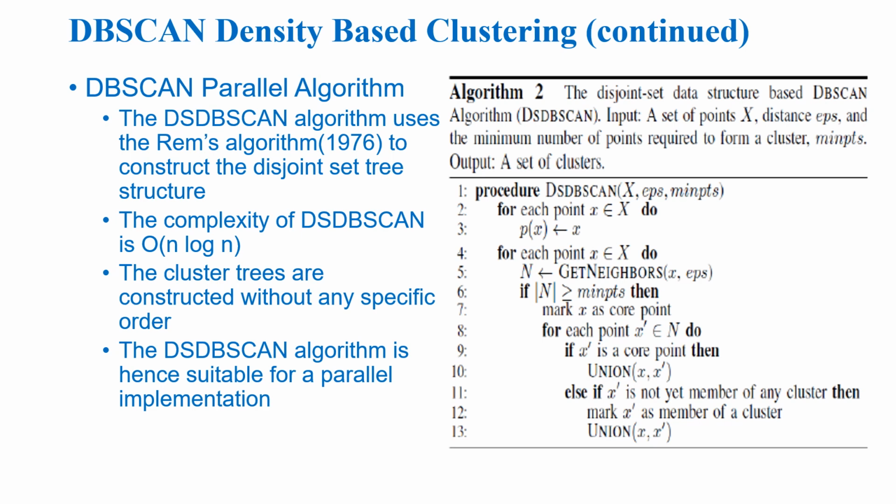The cluster trees are constructed without any specific order, and the DBSCAN algorithm is suitable for parallel implementation. I didn't include slides on this, but I did find some things on the internet that I read about, where you could get a bunch of computers working in parallel to solve these kinds of problems faster.